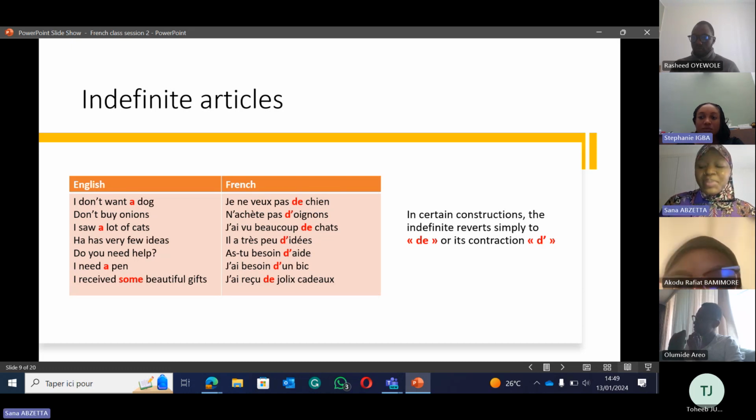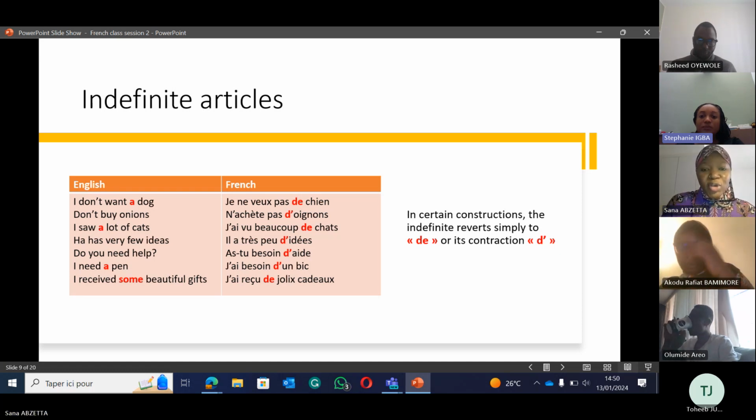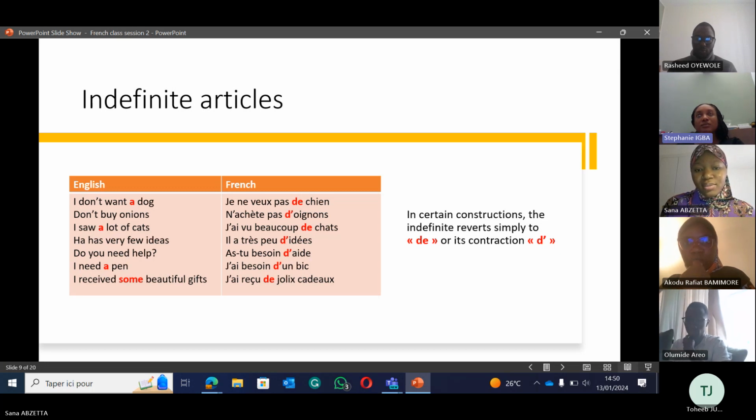But with this rule, if you want to express what you want, you do not use des. You use de. You need to say, je ne veux pas de tomates instead of des tomates.